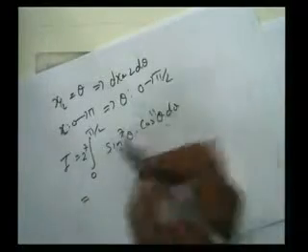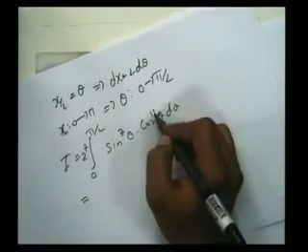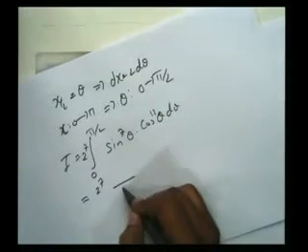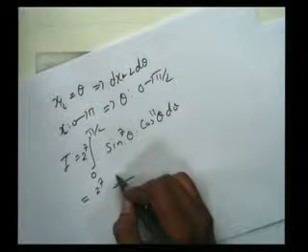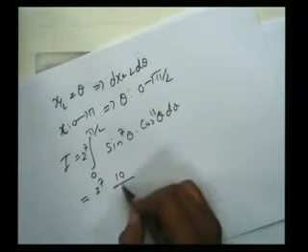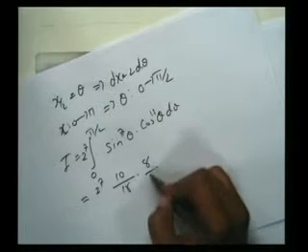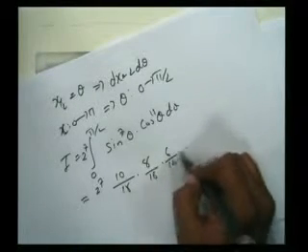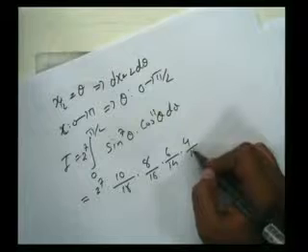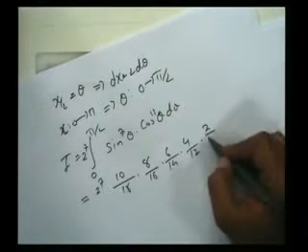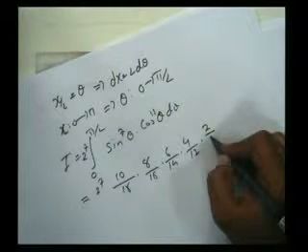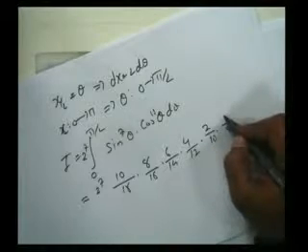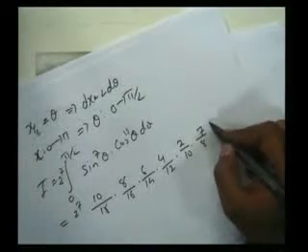Here sin is odd and cos is also odd. That's why this is 2 raised to 7 divided by 11 minus 1 is 10, 10 divided by 18, 8 divided by 16, next one is 6 divided by 14, 4 divided by 12 and 2 divided by 10, into the last part.